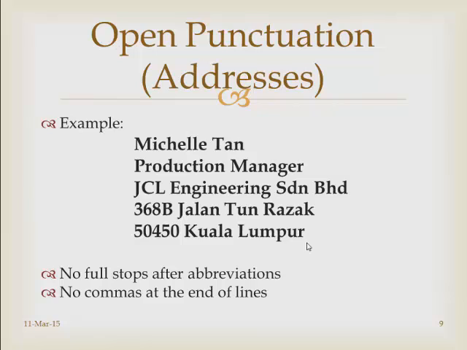This is the new format, no commas at all. Also notice that there are no full stops after abbreviations, all those short forms like Sendirian Berhad. Notice no full stop at all. It looks kind of weird, but this is the format. I do not want to see any full stops after these short forms. The rest of it has to be in complete full spelling.